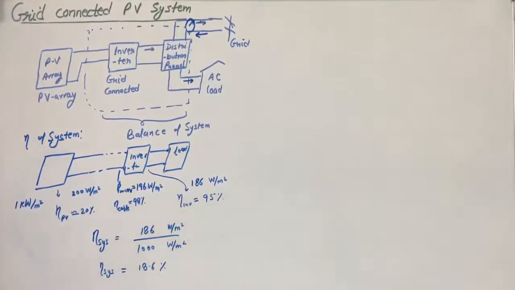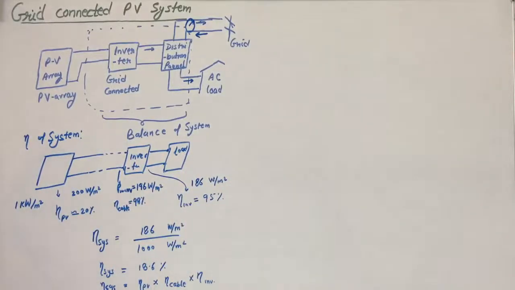So in this way we can say the efficiency of the system is around this, and from here we find that the efficiency is just the multiplication of the efficiency of the PV array, multiplied by the efficiency of the cabling, and multiplied by the efficiency of the inverter, assuming negligible losses after that.